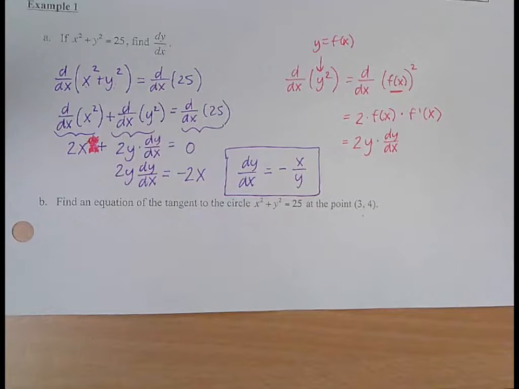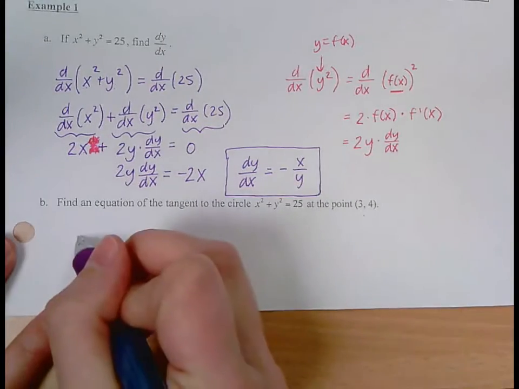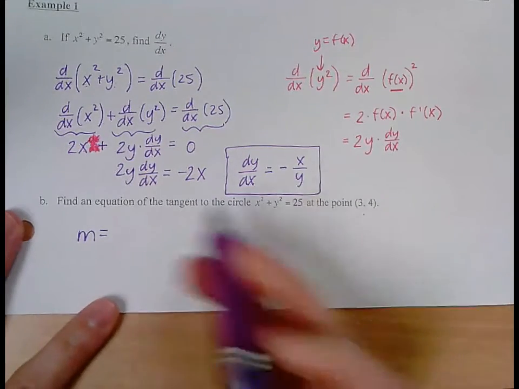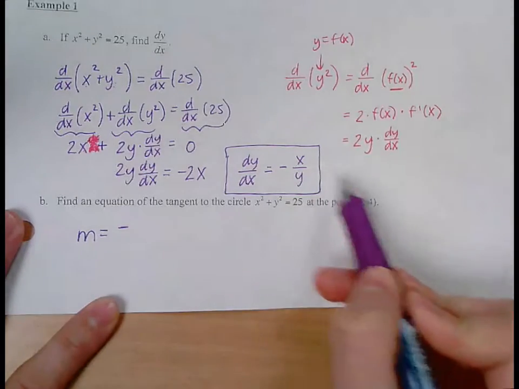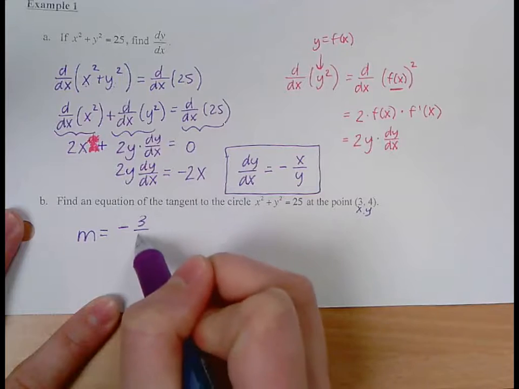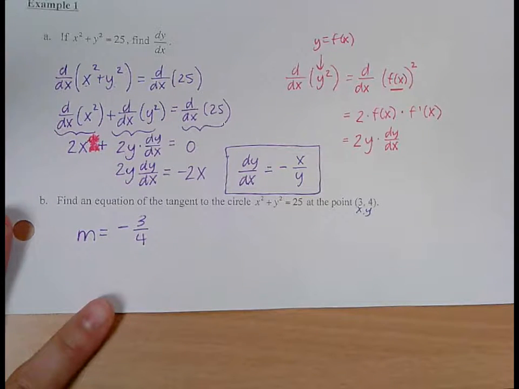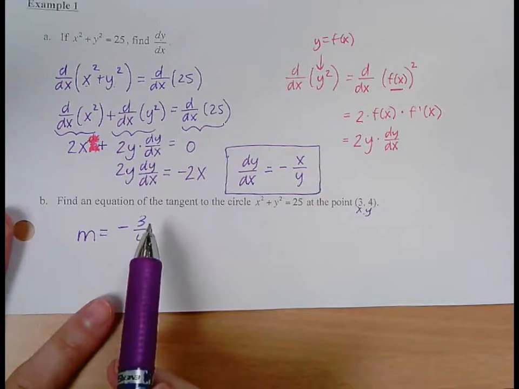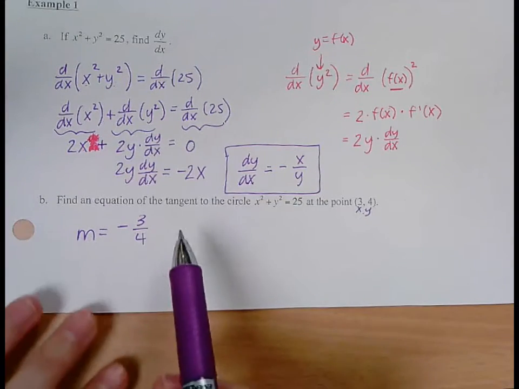So the only difference here is you have to plug in both the x and the y coordinate into your derivative. Our x coordinate is 3, y is 4, so the slope is negative 3/4. So that's the difference: both coordinates are plugged in because it's in terms of x and y.